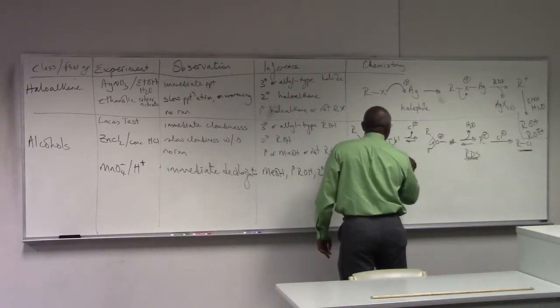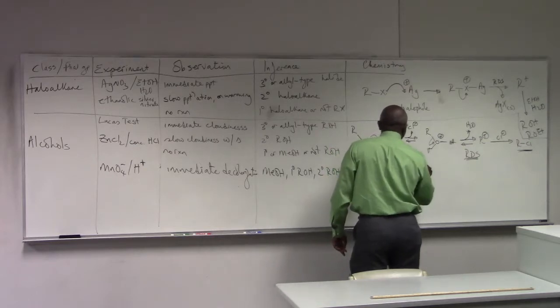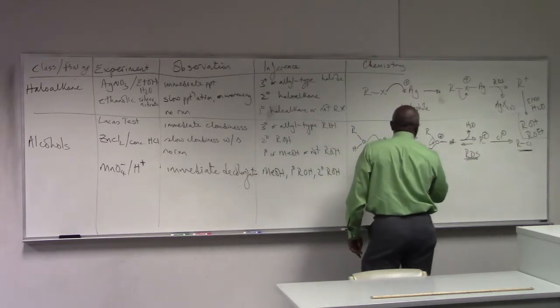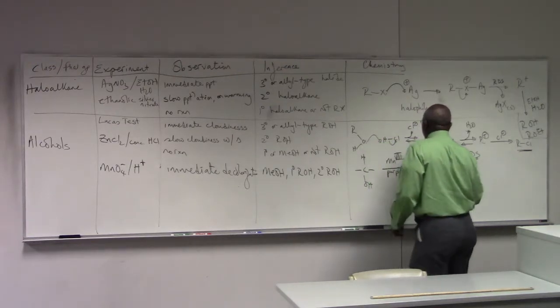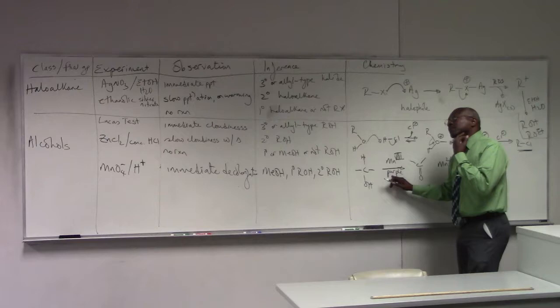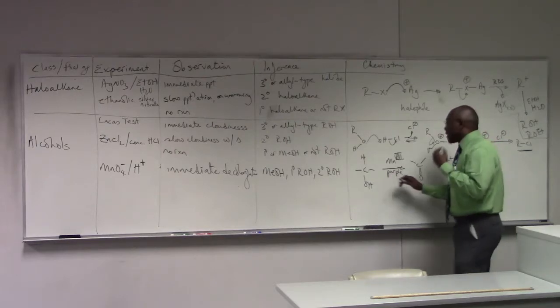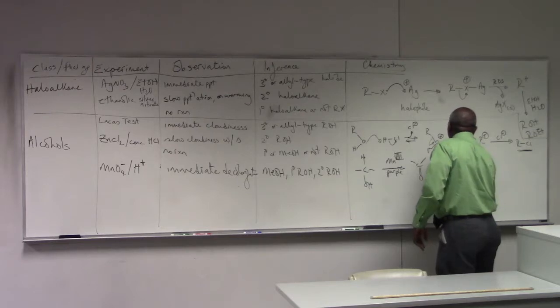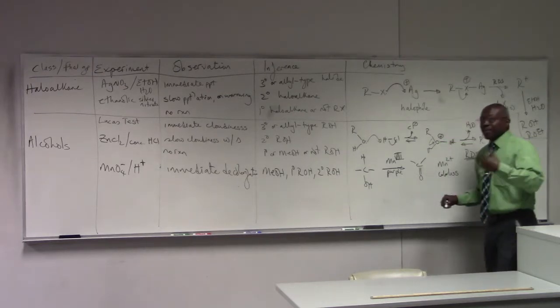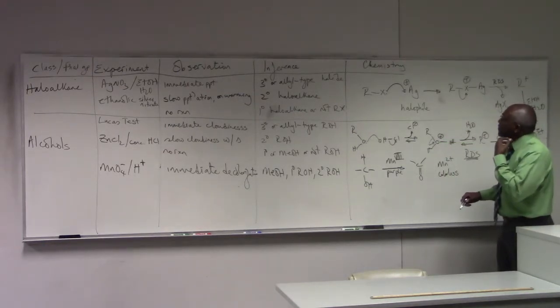It's oxidized with manganese 7, which is purple, into the corresponding carbonyl compound and manganese 2+. Manganese 7 is purple, and manganese 2+ is colorless. It really is a very, very pale pink, but it's functionally colorless.